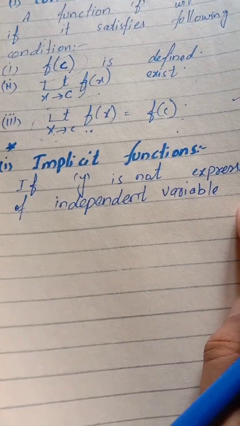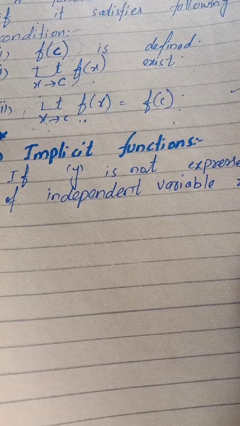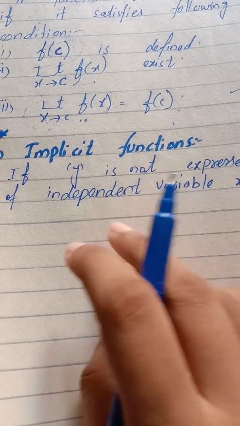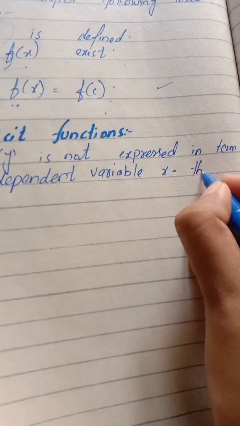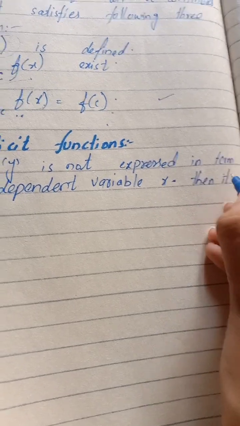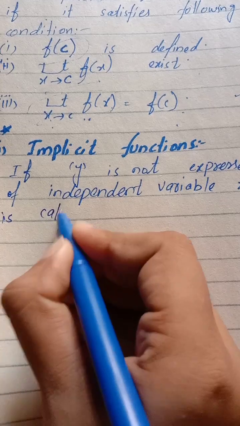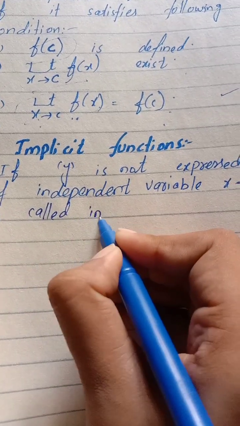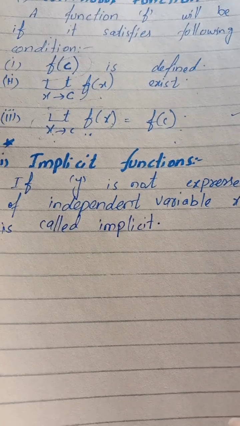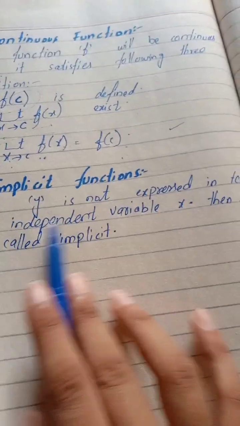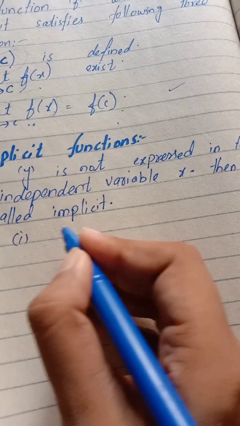We know that x is the independent variable and y is the dependent variable in an equation. If you don't understand by theory, you can understand by example.